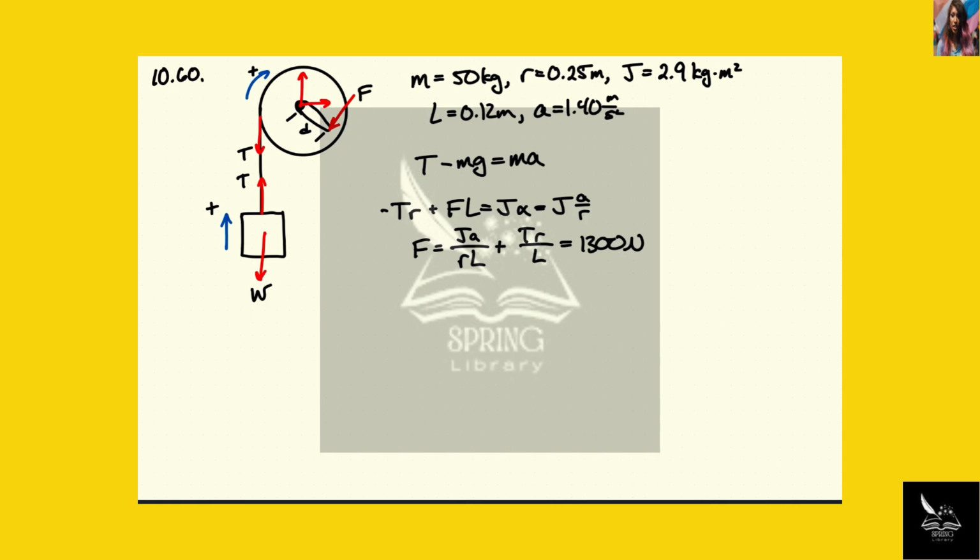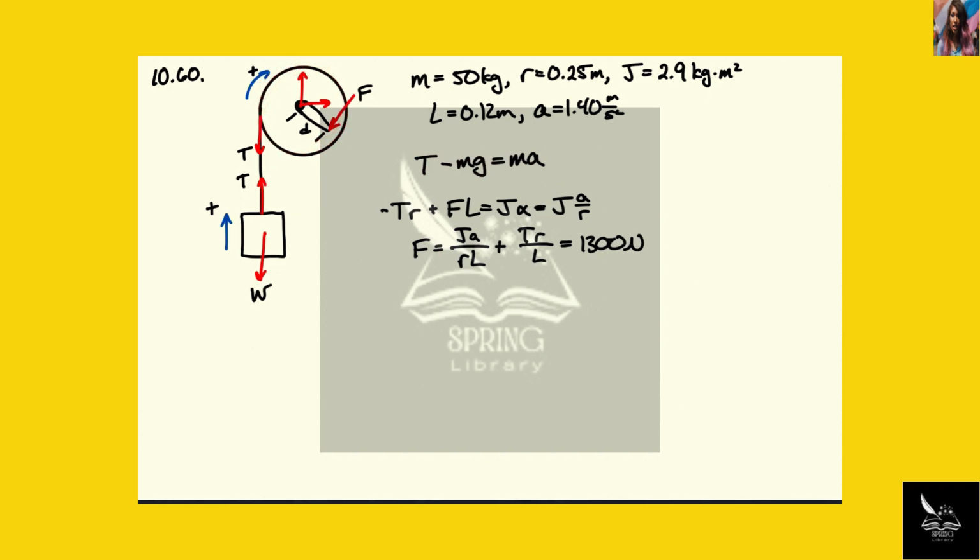Now, the crate. I called up positive and clockwise positive. So the angular acceleration of the pulley equals the linear acceleration divided by the radius, so alpha equals A over R. The free body diagram of the crate gives T minus the weight mg equals ma.